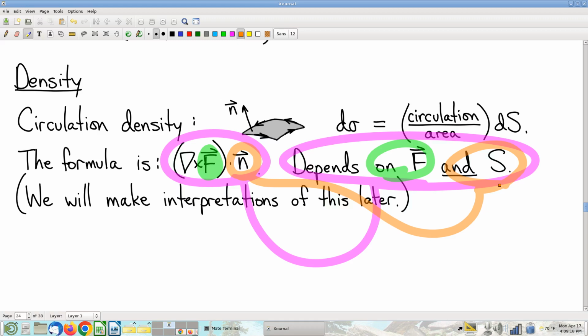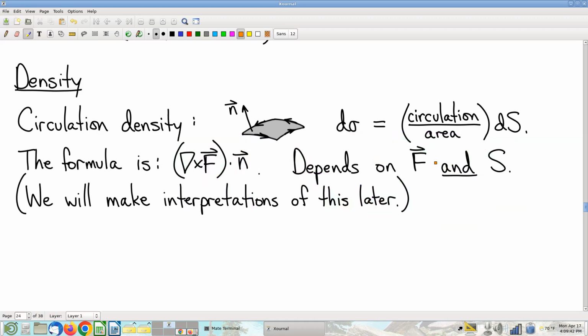Green's operator, only the vector field, no dependence on the area. So seeing circulation density all of a sudden depend on the surface orientation is a little concerning. It seems to be outside of the pattern that we've noticed so far. I'm going to come back and we're going to talk about this later. For the moment, let me just say this is not a bad thing. We will make sense out of this, but we will make sense out of it later.